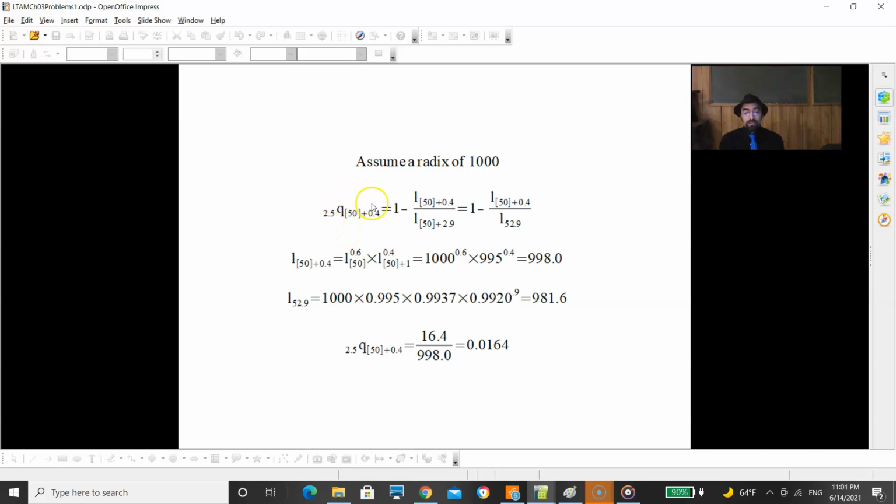We would get the death probability we're looking for is 1 minus the survival probability. Notice that age 52.9 is outside the select period, so we don't need brackets here.